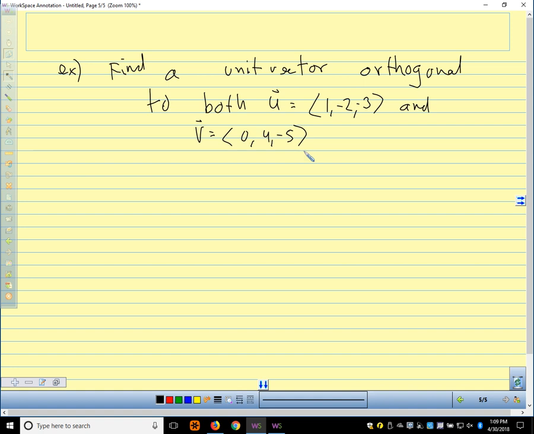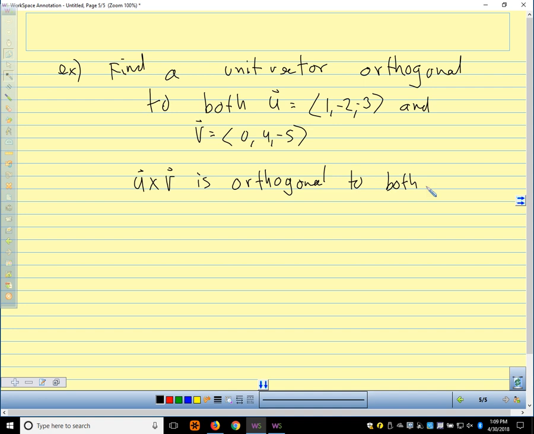Well, u cross v is orthogonal to both, and we want a unit vector in that direction.